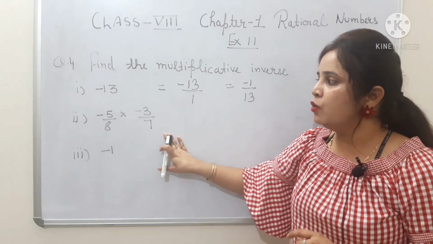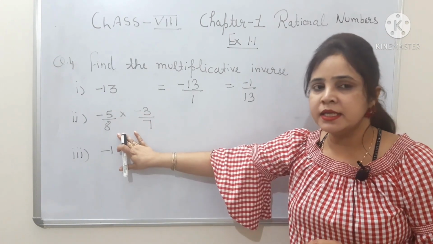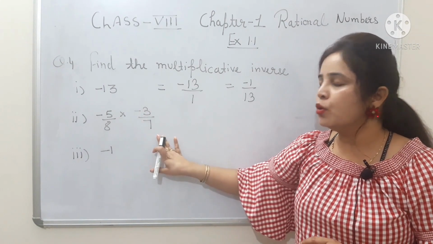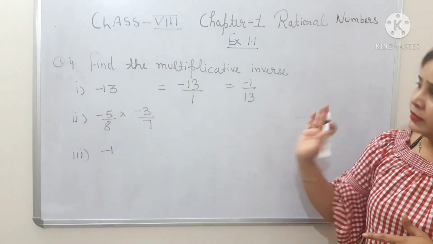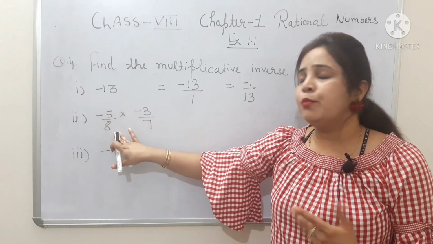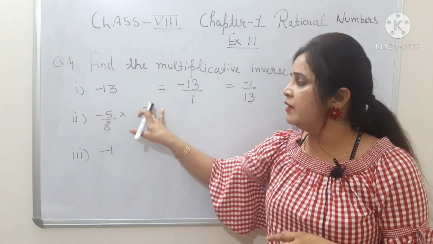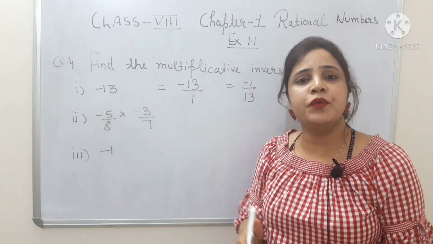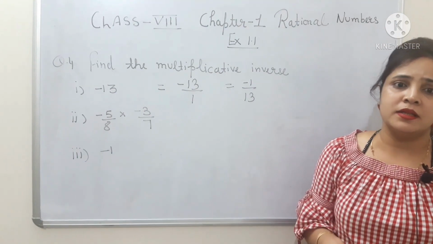In this question, you have to find out the multiplicative inverse of minus 5 upon 8 multiplied by minus 3 upon 7. Students क्या करते हैं? They know the concept of the multiplicative inverse. वो क्या करेंगे? Minus 5 upon 8, first of all, they will be finding the multiplicative inverse of it. Then they will be finding the multiplicative inverse of the other one. Then they will be multiplying them, and then they will be getting the answer.